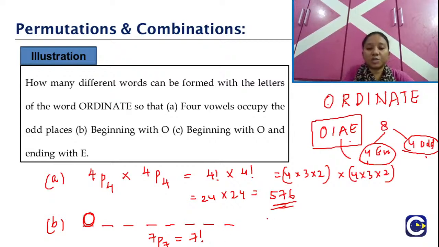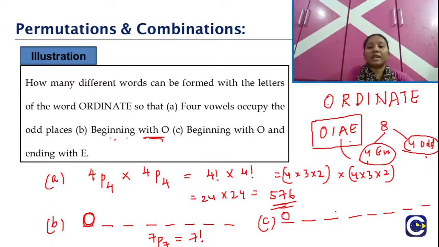So for our second case, the number of words beginning with O is 7 factorial. Similarly for the third one, again 8 places, but here the word begins with O and ends with E. In between, any of the other letters can take place.